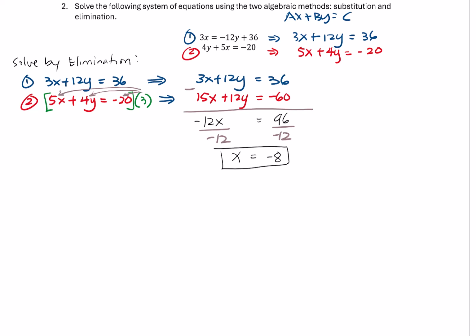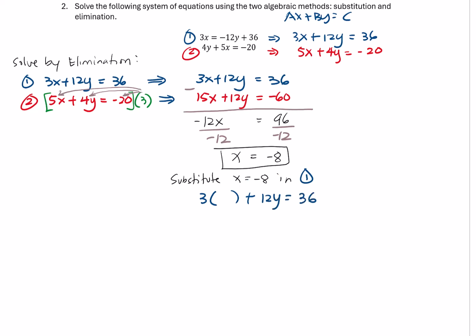After getting the x value, we can substitute it into either the first or the second equation. I'm just going to use the first equation. Substitute x equals negative 8 in equation 1. I'm going to copy equation 1, giving a space for that x: 3x plus 12y equals 36.